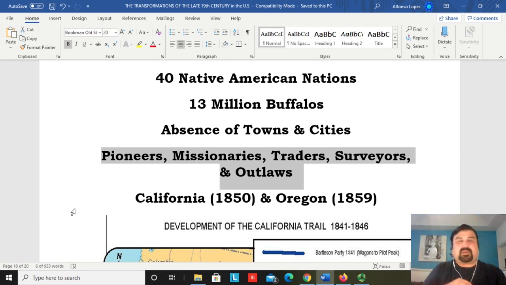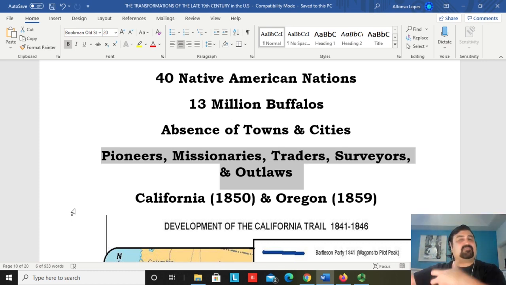So there are pioneers, whether we're talking about lovers of nature or scientists or explorers. Again, there are Americans there that are simply traveling from place to place.